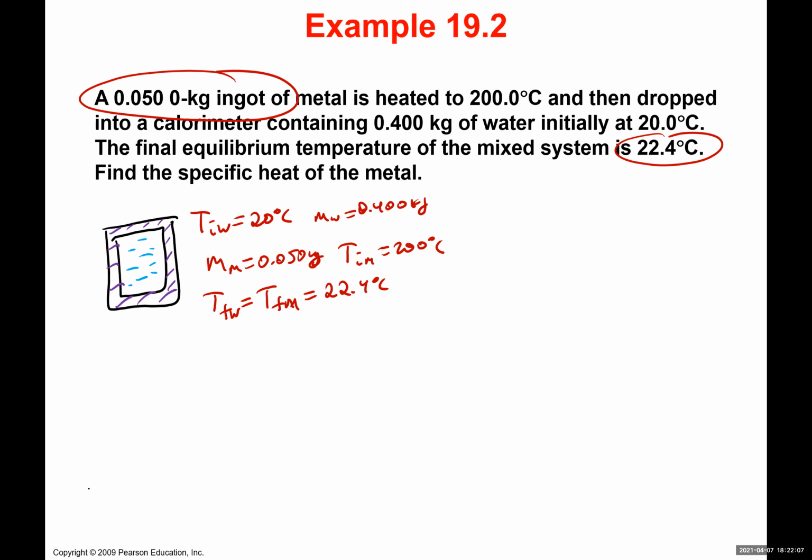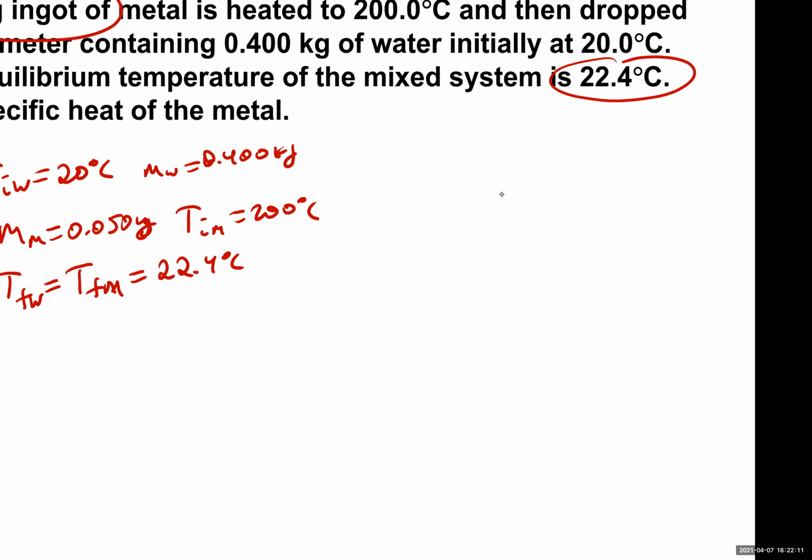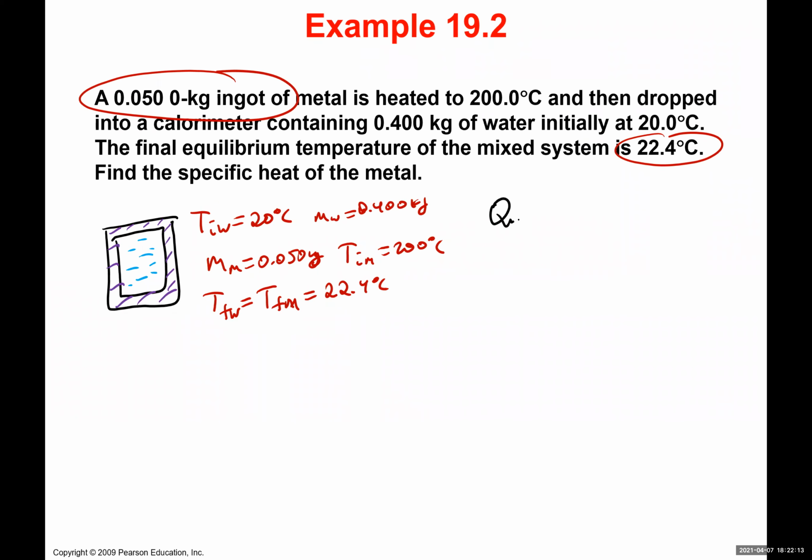And because my system is isolated, I can use the conservation of energy. I can say that Q net equals 0, where Q water plus Q metal equals 0. Now Q water is water from 20 degrees Celsius to 22.4 degrees Celsius.